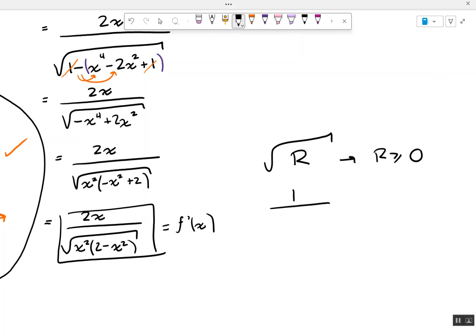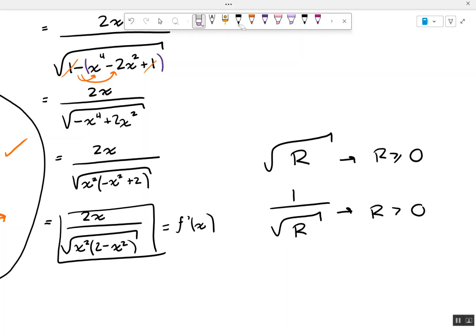But if we are dividing by a radical, then the radicand must be strictly positive, because we cannot take the square root of a negative. Over here, taking the square root of 0 is fine, because the square root of 0 is 0. But then if we divide by 0, that's not okay.